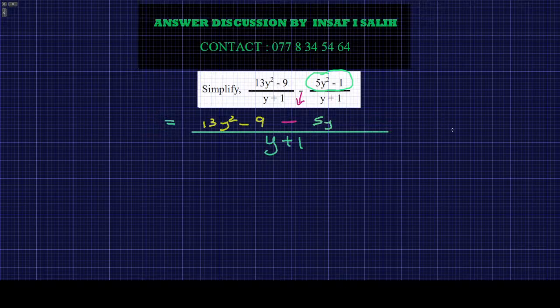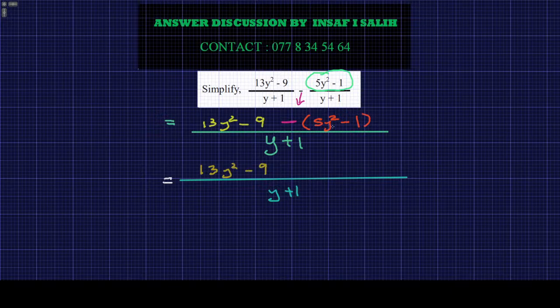We got to write within brackets because that has to be as one chunk. 5y squared minus 1 as one chunk. So then comes, you got to put the same denominator once again, y plus 1. Then comes the 13y squared minus 9.